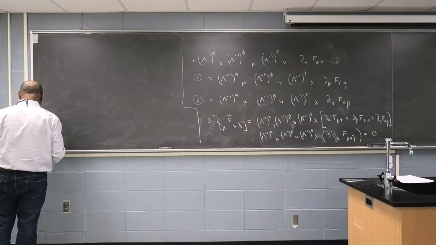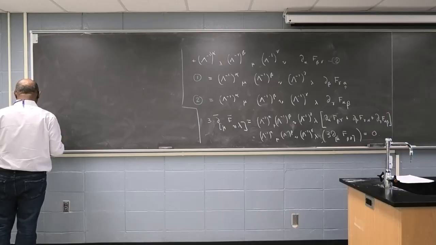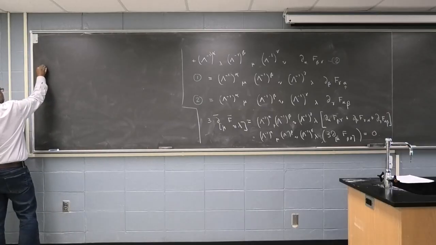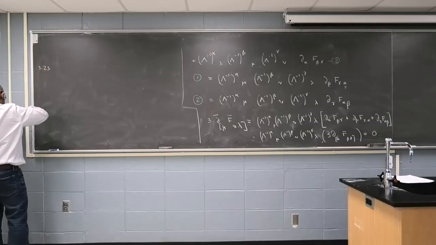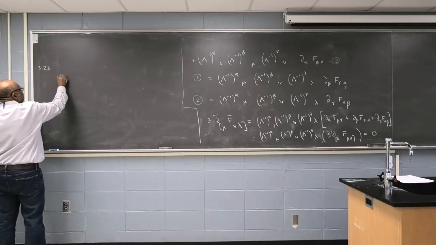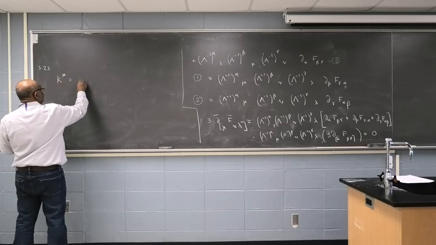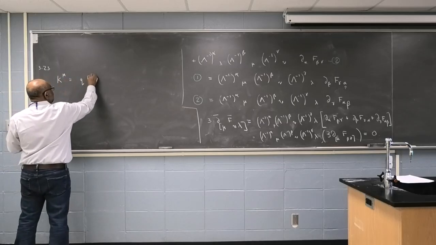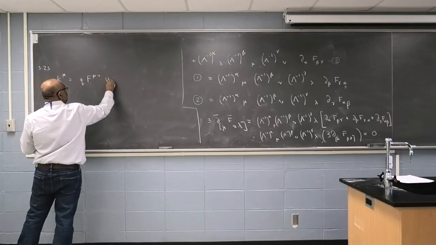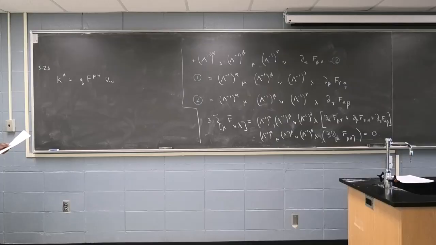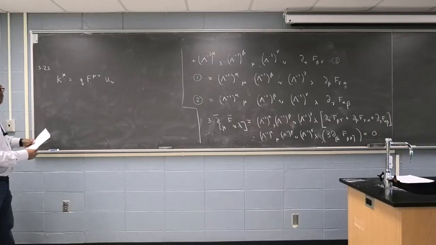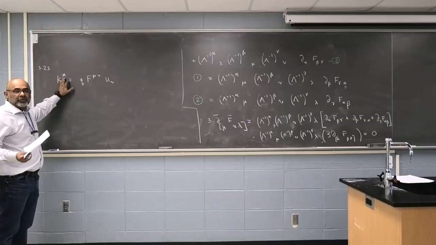So these are a couple of homework problems. I would like for you to do them. I'm just going to list it out here and hopefully these are the numbers. I wanted you to show that this is the Lorentz force, QE plus v cross B. So there'll be 4 equations, and you know there are 4 force equations.